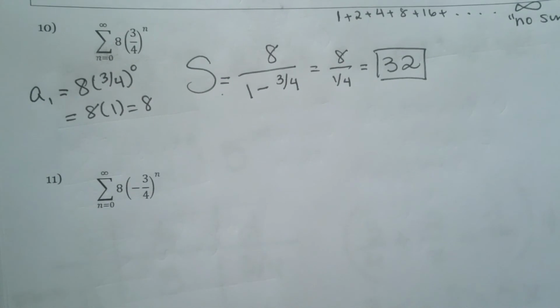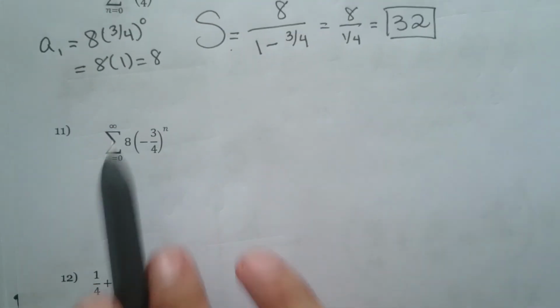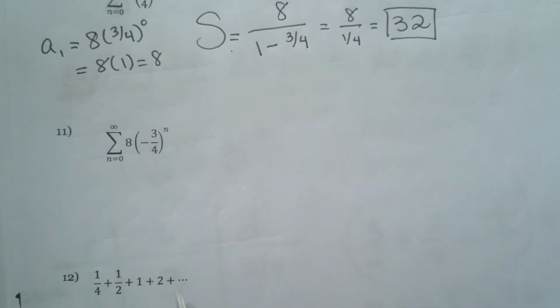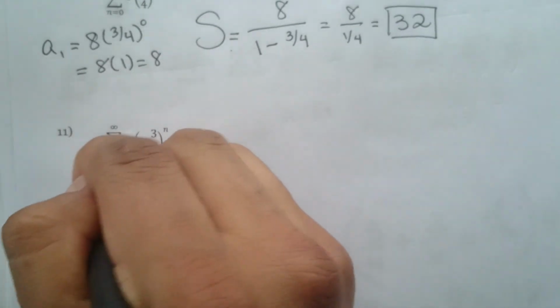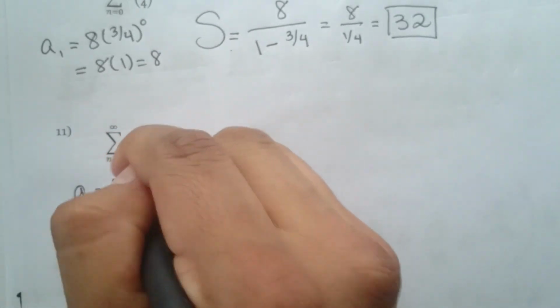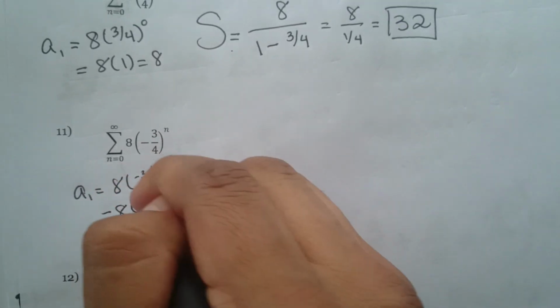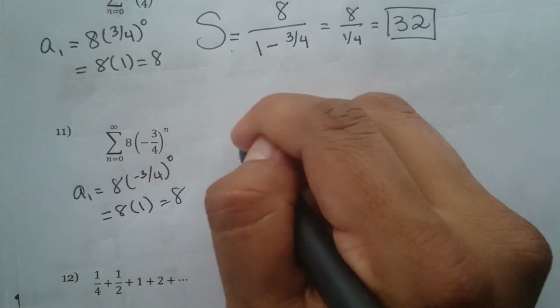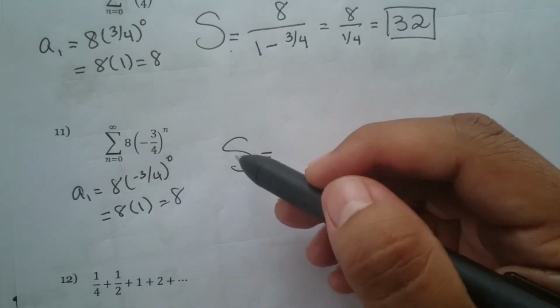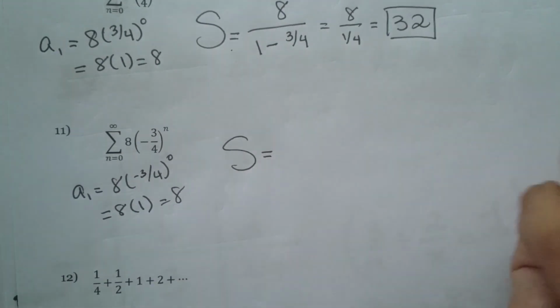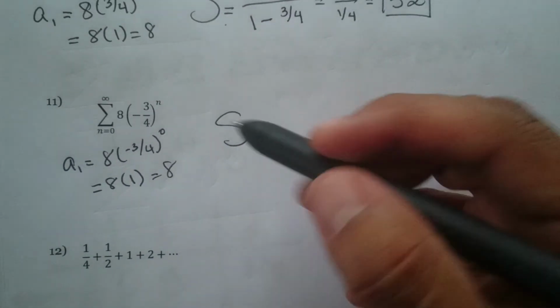All right, number 11. Again, this is an infinite series, so I need to figure out the first term by plugging in the bottom number. So we get 8 times 1 again, which is 8. So again, without the little subscript, we should be able to say that this is infinite.